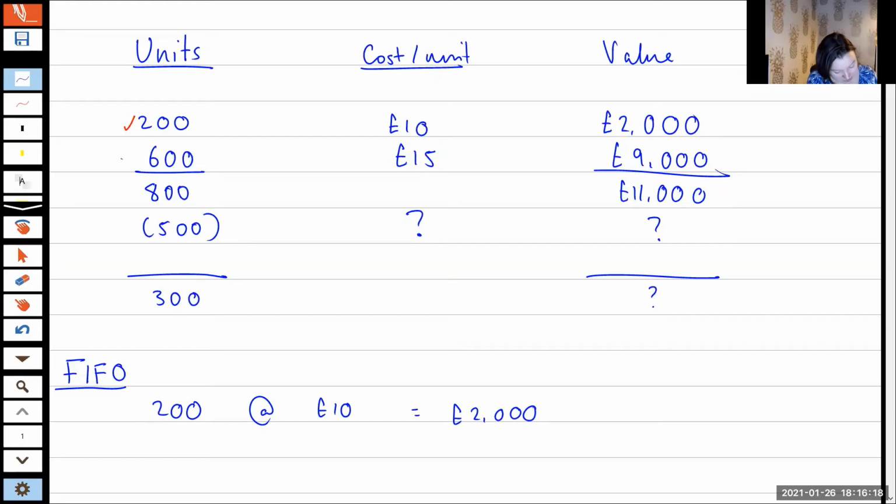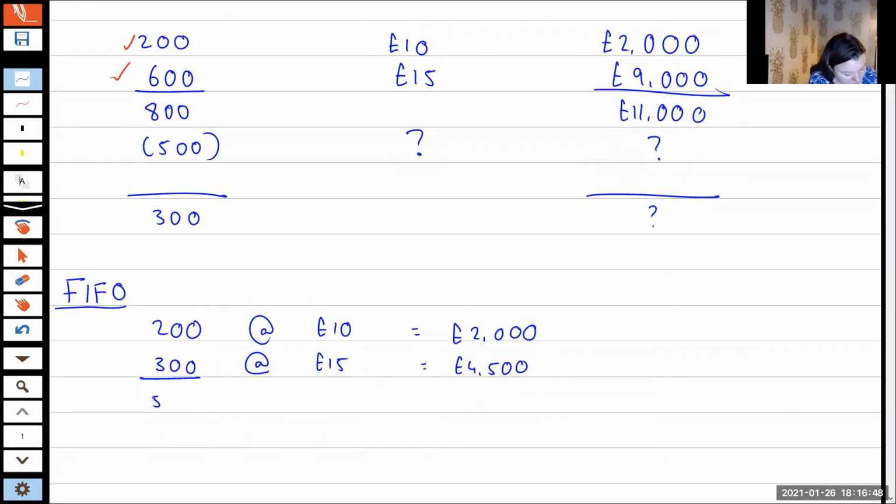Then they must have taken 300 from the second purchase here, and each one of those cost £15. So 300 times 15 is 4,500. So when they issued 500 units under FIFO, we would have said that the issue was for 2,000 plus 4,500. We would say that is £6,500.